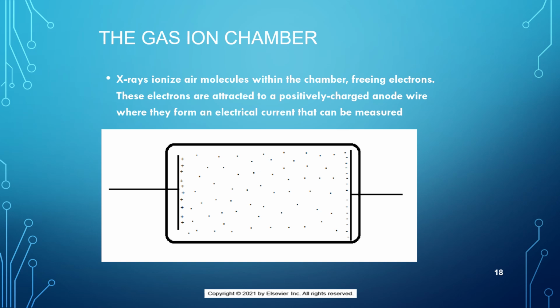All right, and so our gas ion chamber is just a piece of plastic, like clamshell plastic, those annoying containers that you have to open with a box cutter or a pair of scissors. Picture something like that, a rectangular, rounded corner prism of plastic. It's got a volume of air in it, probably nitrogen, because that's cheap and abundant.